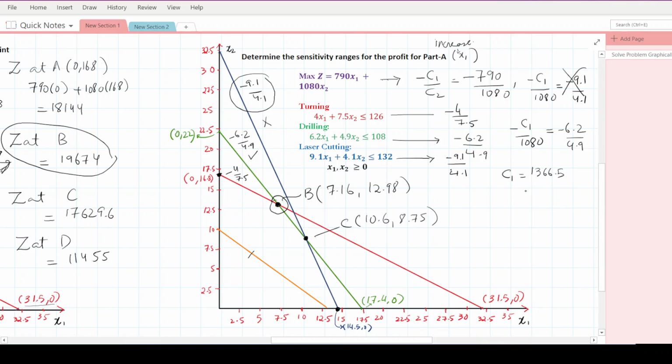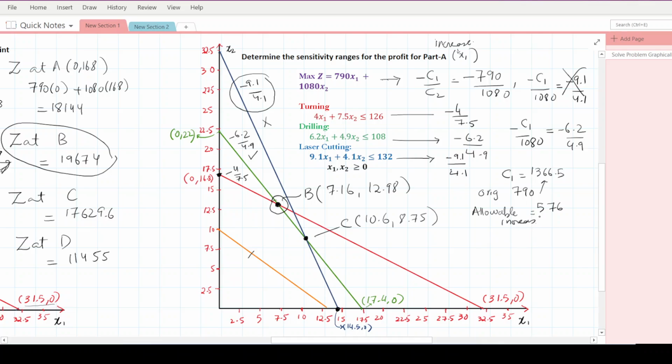Just from the Excel point of view, you know that the original value of the coefficient of x1 is 790, and you can increase it to 1366, so you can calculate the allowable increase by subtracting these two values, and I think it will come out as 576.5, something like that. 576 is the allowable increase.